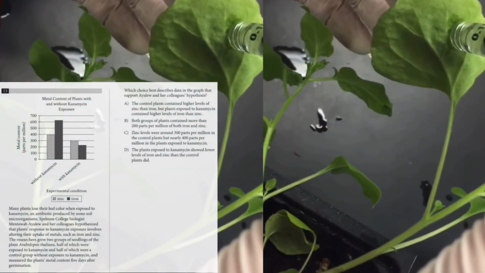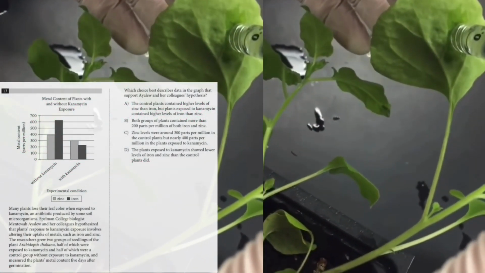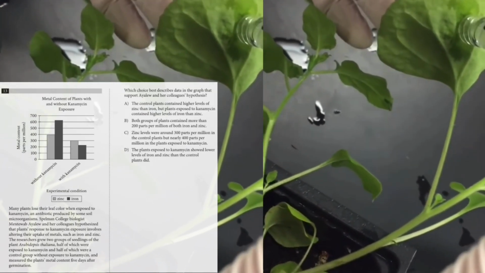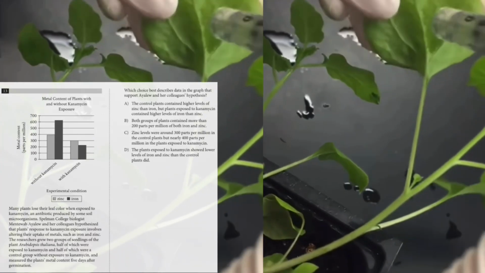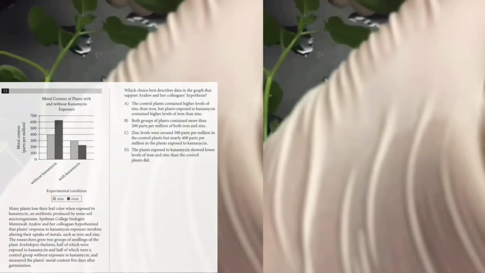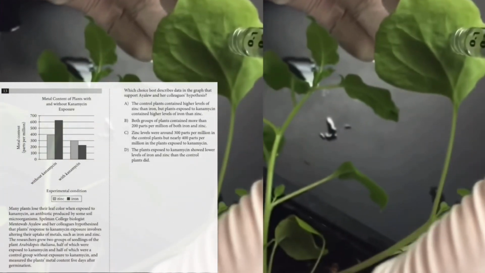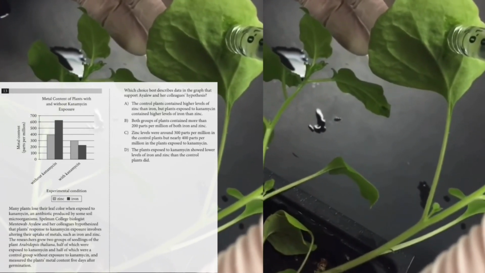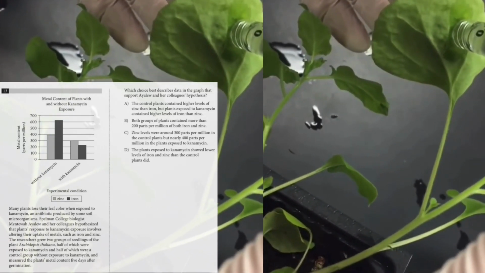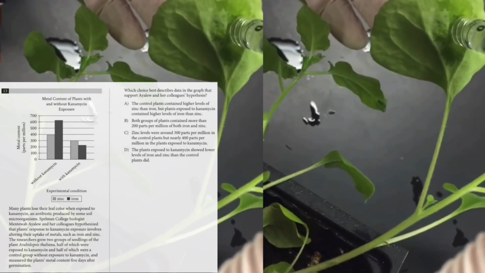Many plants lose their leaf color when exposed to kanamycin, an antibiotic produced by some soil microorganisms. Spelman College biologist Mentewab Ayalew and her colleagues hypothesized that plants' response to kanamycin exposure involves altering their uptake of metals, such as iron and zinc.